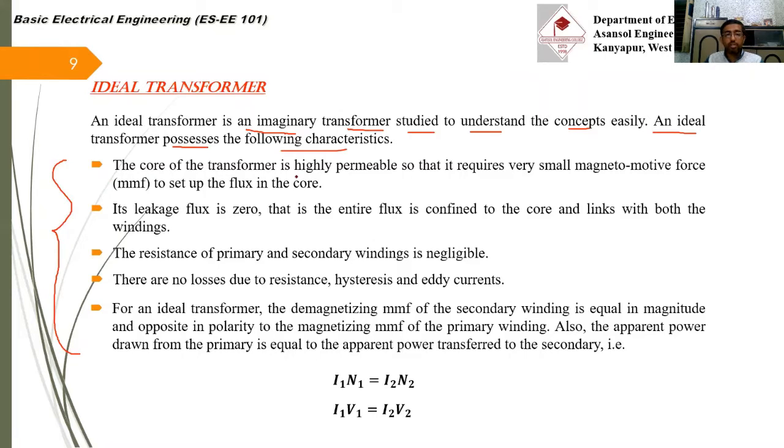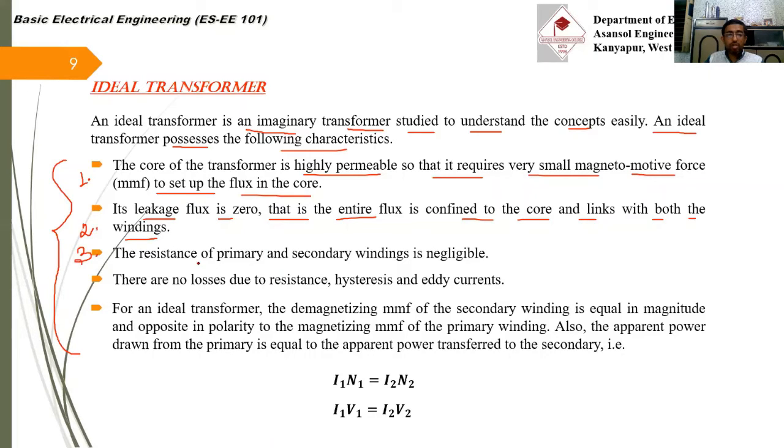The core of the transformer is highly permeable so that it requires very small magnetomotive force to set up the flux in the core. Its leakage flux is zero. That is, the entire flux is confined to the core and links with both the windings. That is number 2. Previous is number 1. What is the third assumption?